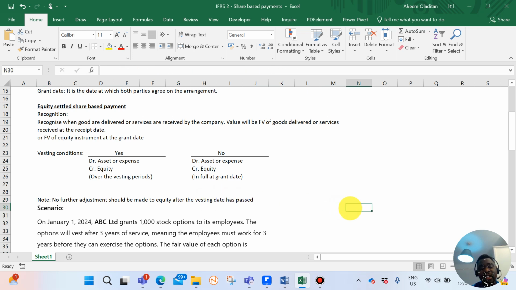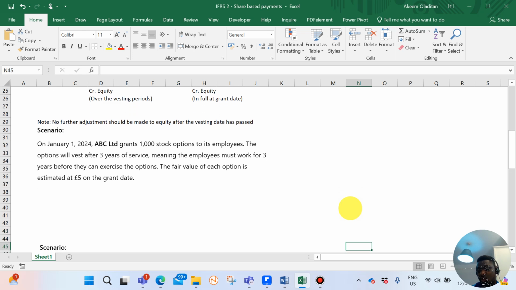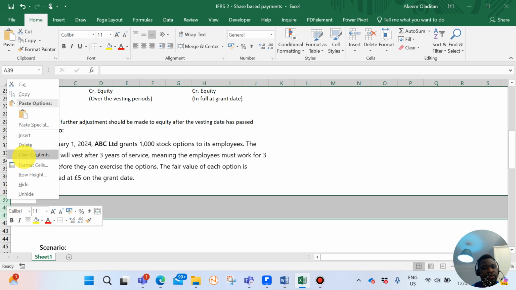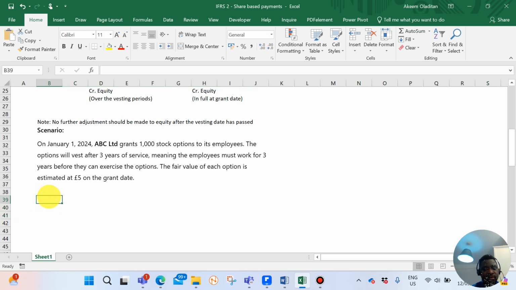So let me now start looking at those questions I have here. I have a scenario here, so let's just look at it. It's a very simple scenario. So the question says, like I used to do, I'll put solution here. On January 1, 2024, ABC Limited grants 1,000 stock options to its employees.